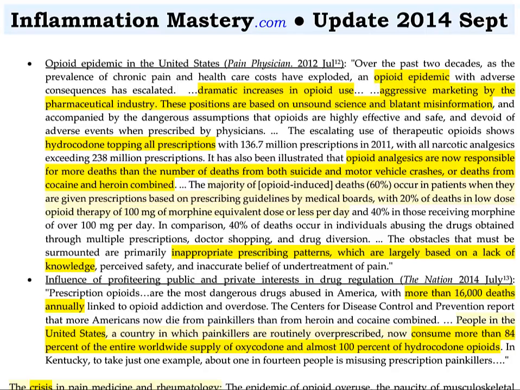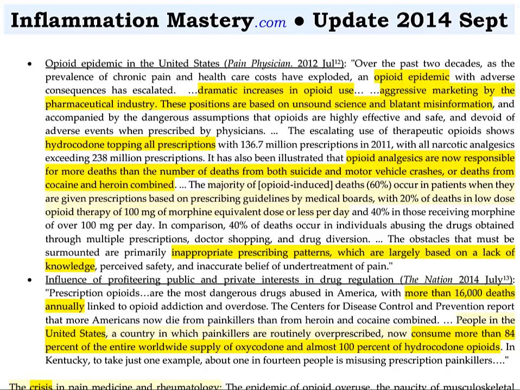The majority of opioid-induced deaths, that is 60%, so 60% of opioid-induced deaths occur in patients when they are given prescriptions based on prescribing guidelines by medical boards, with 20% of those deaths in the low-dose opioid therapy of 100 milligram morphine equivalent or less per day, and 40% in those receiving morphine over 100 milligrams per day.